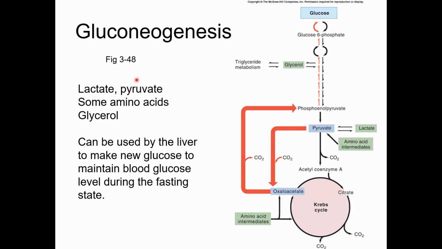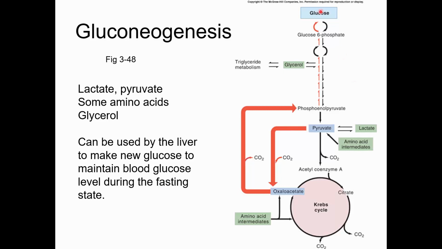The liver can take these 3 carbon molecules, put them together into 6 carbon molecules, and make new glucose. We would want to do that during the fasting state or the post-absorptive state. You wouldn't want to do that when there's plenty of glucose around.